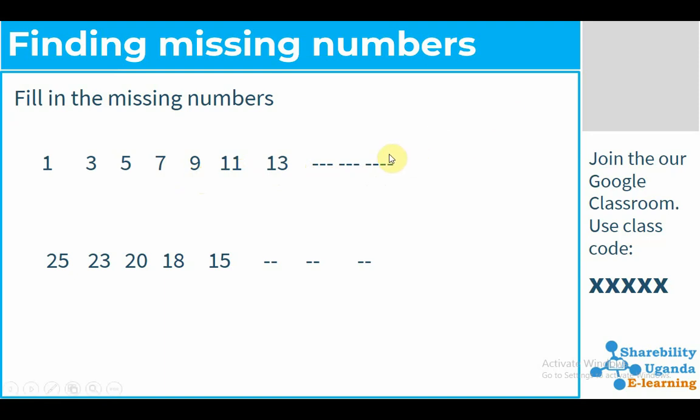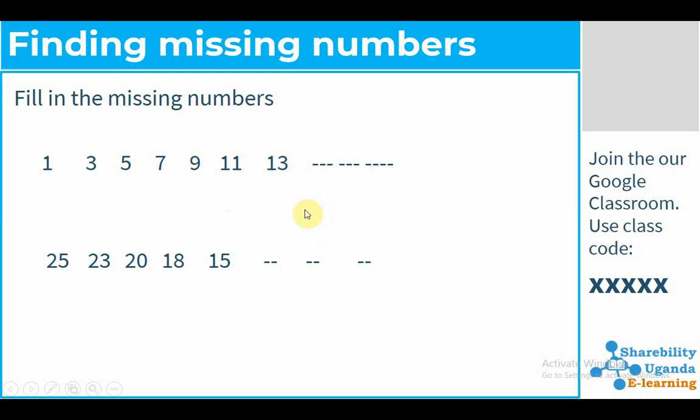Okay, so we shall first think about these two concepts. So far we first dealt with addition as a way how we can find out our missing numbers. We also talked about subtraction as a way how we can get our missing numbers.